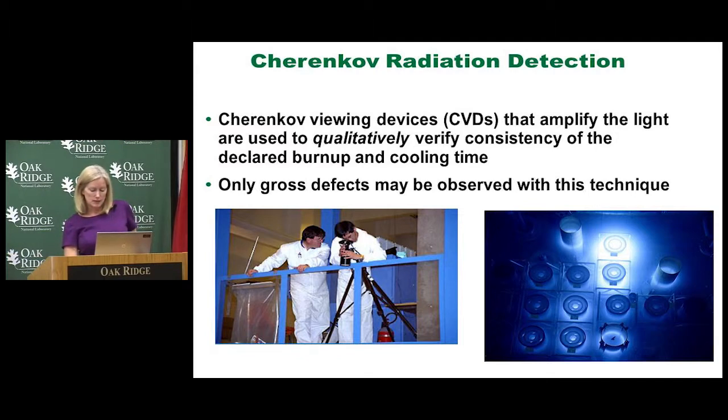And what you can see here are actually fuel assemblies from our High Flux Isotope Reactor at Oak Ridge, and you can see the blue glow. They use this device here, which is a viewing device that amplifies the light, and they can determine if there's a gross defect in the fuel. So what they're looking for in a reactor mostly is missing fuel pins.